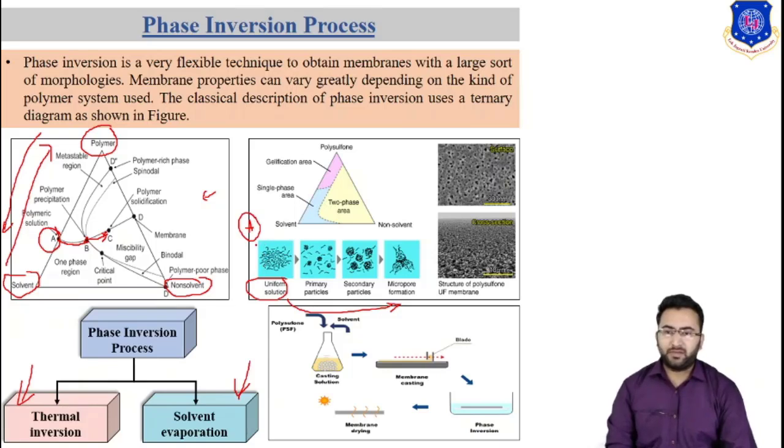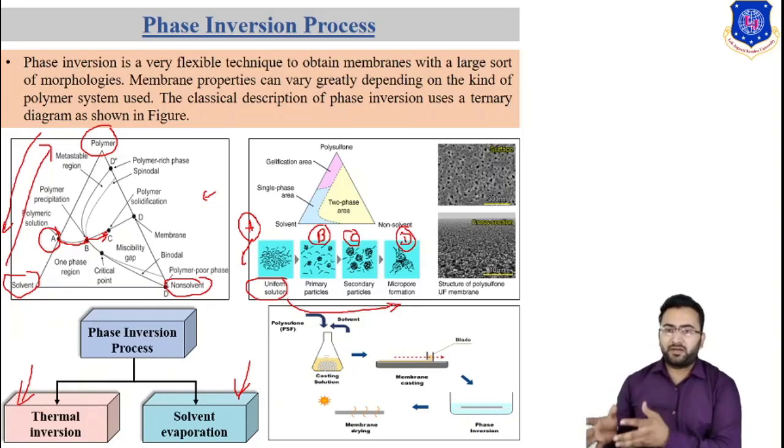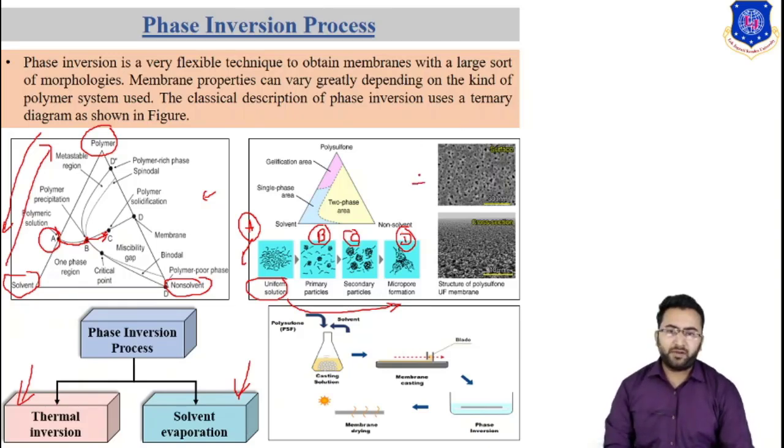This image reflects point A. This image reflects point B. This image is for point C, where the two phase regions are made, and this is point D, where the membrane is completely developed and we separate the solid from that material, so the pores of the membrane will form, and this is an SEM image of the membrane.